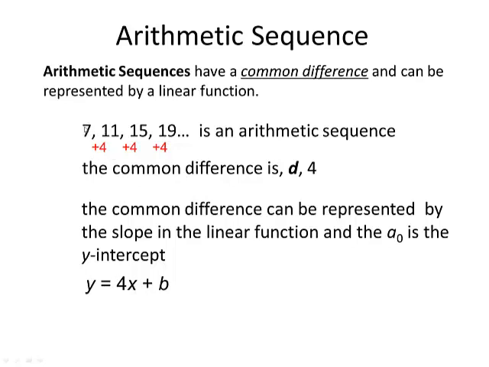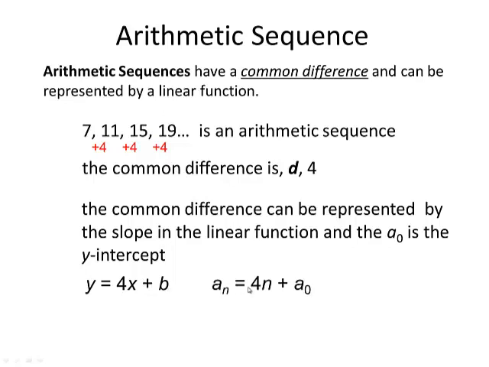Where this would be 1, 1 times 4 is 4, plus some number gives you 7, so the y-intercept must be 3. So 4 times 2, this is my second number, 4 times 2 is 8, plus 3 is 11. And the third number, 3 times 4 is 12, 12 plus 3 is 15, and so on.